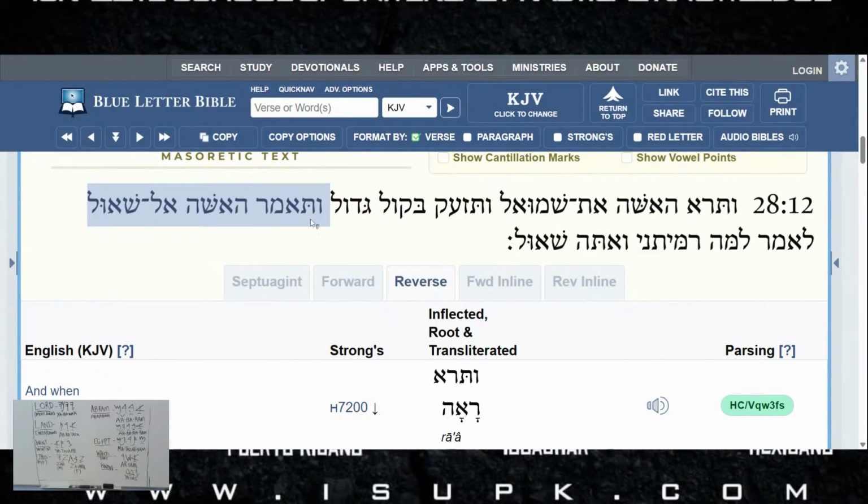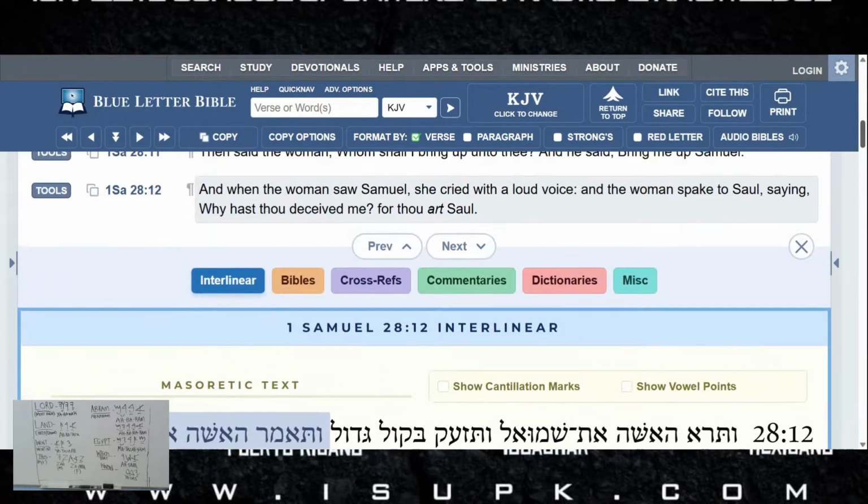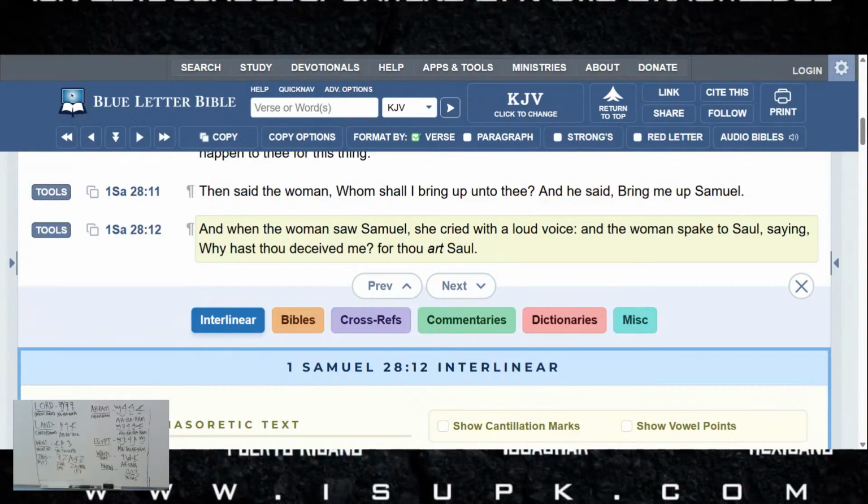I gave you Tha, which was she, and then I skipped over to the woman and just completed the verse. But I didn't give you what this meant, and that was said or spake. And she spake, the woman unto Saul, right? Because that's how language goes. That's how it's written. That's how we speak it, and that's what it means.